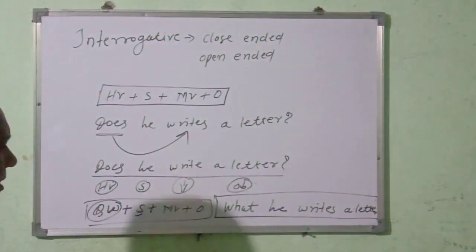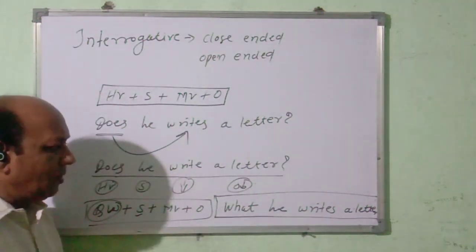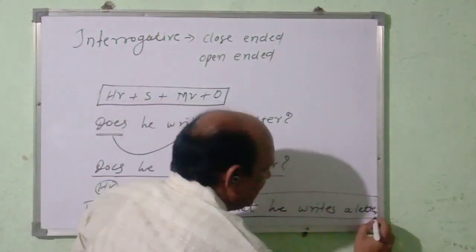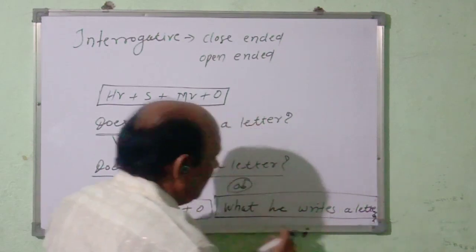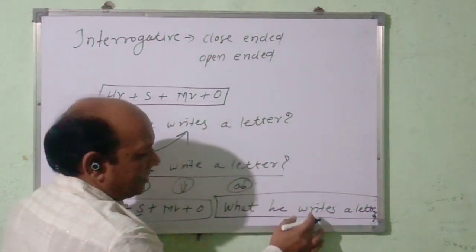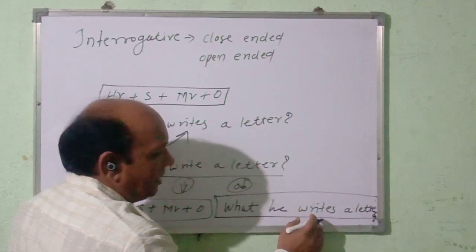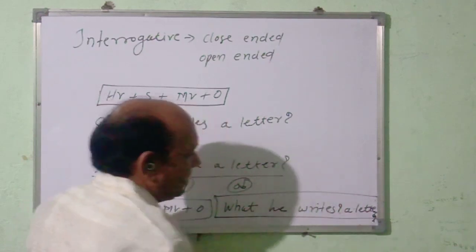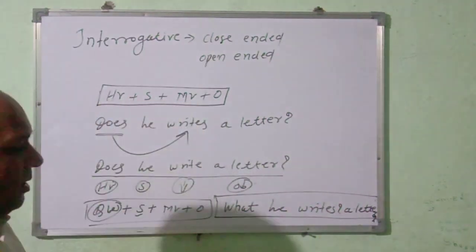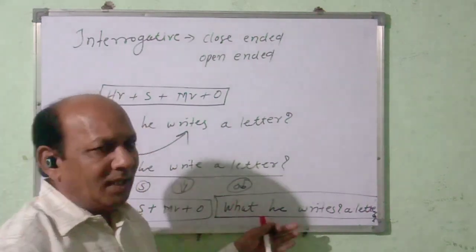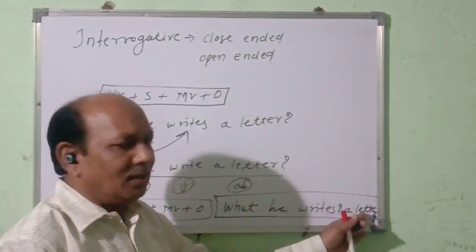Now tell me one thing. What is the question? Which question do we want in particular? So, what he writes. That is enough for asking the question. What he writes. Which type of answer will come from your side? That is a letter.